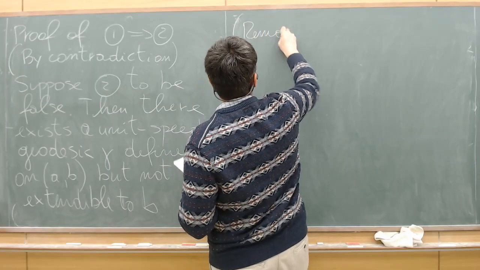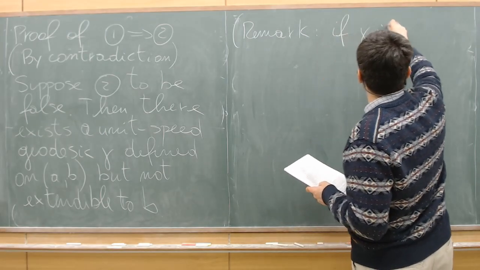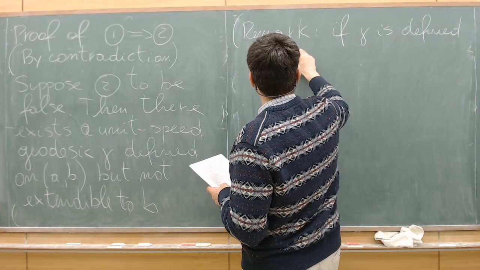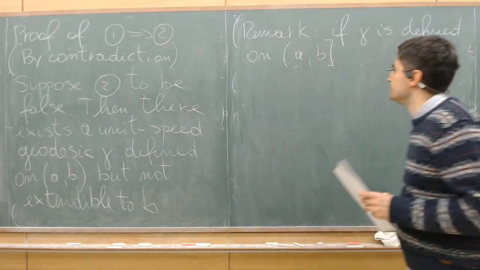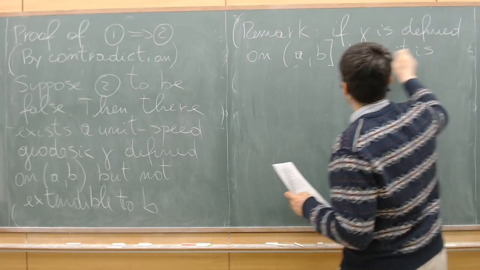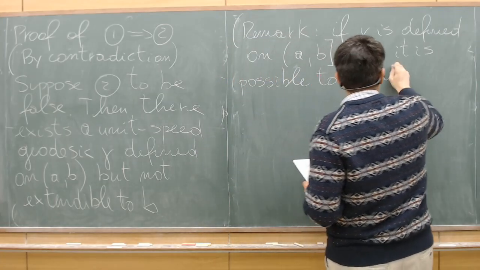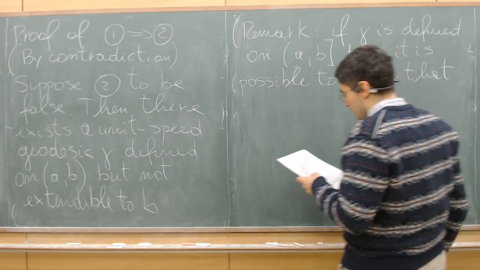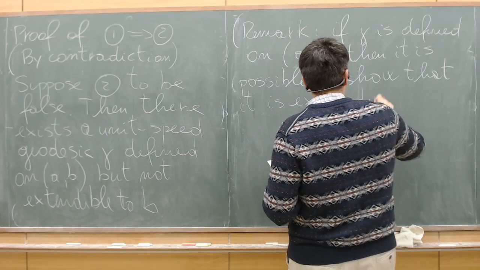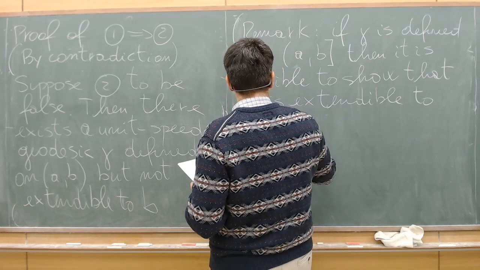So, remark: if gamma is defined on an interval of this form, then it is possible to prove that it is extendable to [A, B plus epsilon).